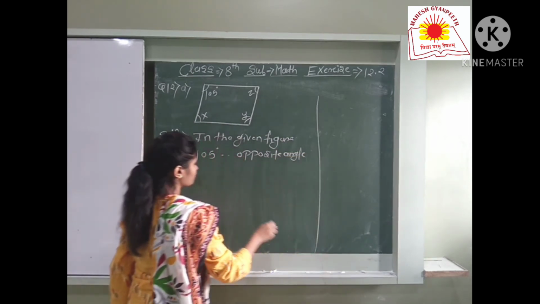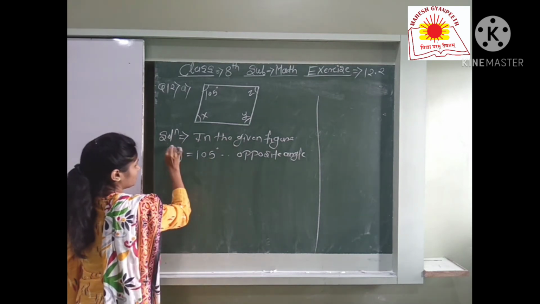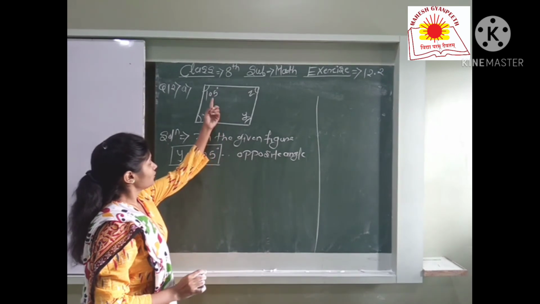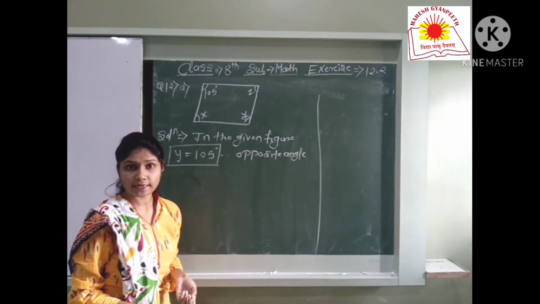Now, first you have to get the value of x. See here, 105 and x, which type of angle is it? It is an adjacent angle.